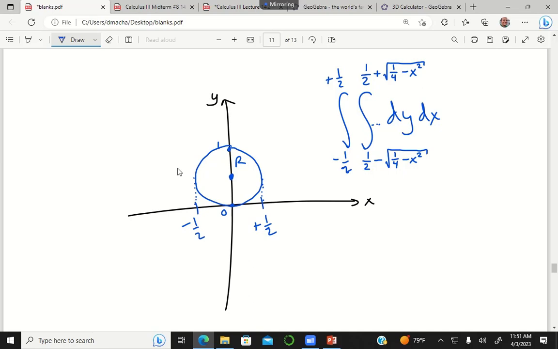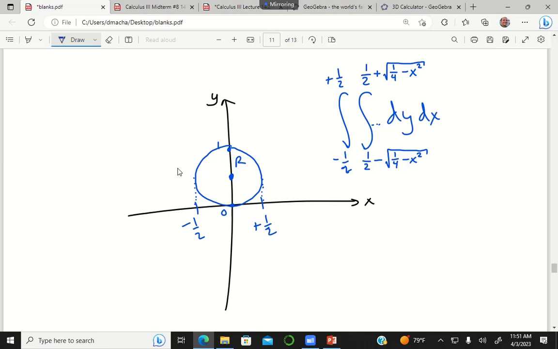Just to make sure it works, check some points. If x is equal to 0, 1/4 minus 0 is 1/4. The square root of 1/4 is 1/2. And so I have 1/2 minus 1/2 for my lower bound, which is 0. And for the upper bound, if x is equal to 0, that's 1/2 plus 1/2, so y is 1 at the point x equals 0.